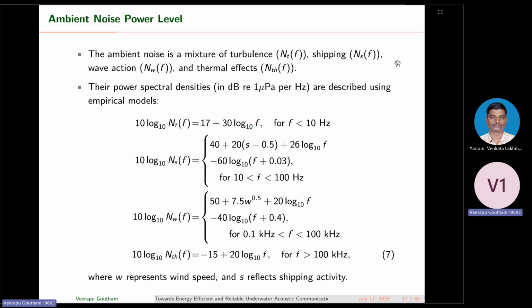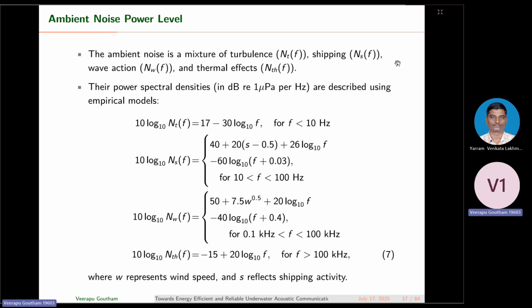Now here, turbulence noise is available only for frequencies less than 10 Hz. Then shipping noise is available between 10 to 100 Hz. The wave noise is available between 100 Hz and 100 kHz. And basically, the thermal noise is mainly located above 100 kHz.